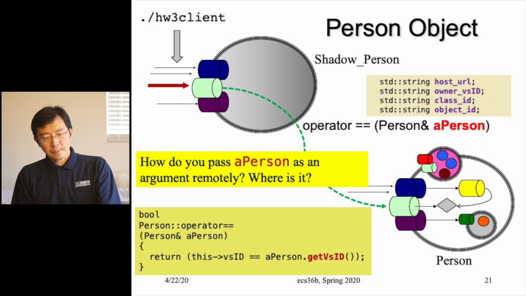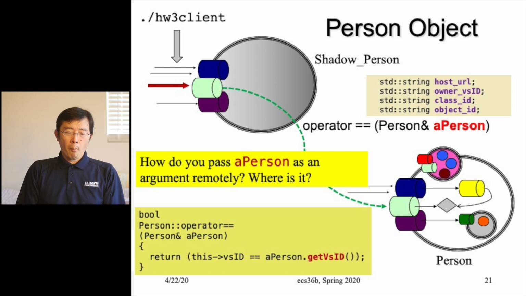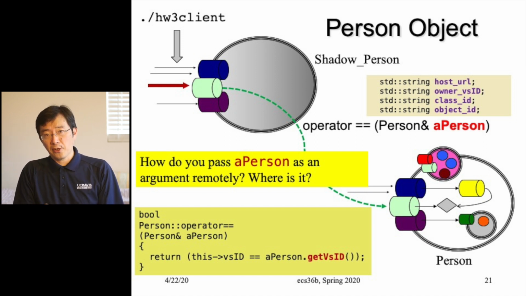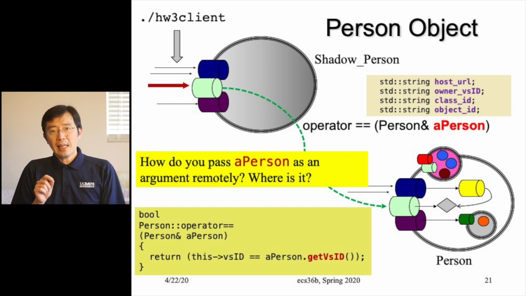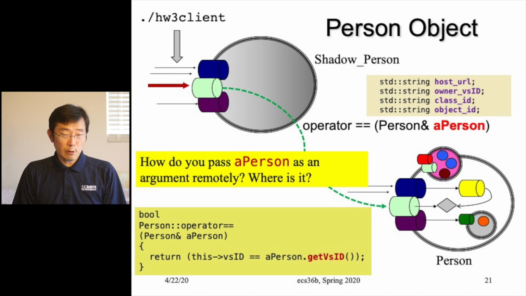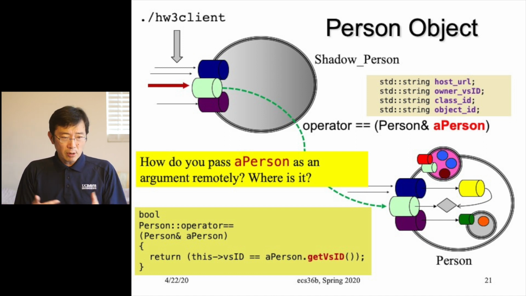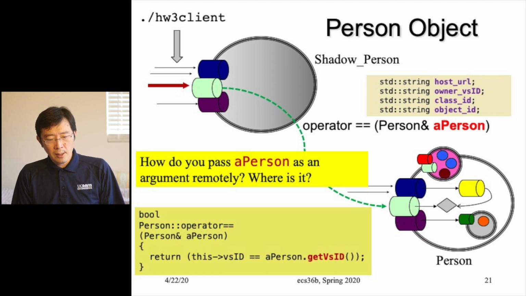However, if you look at the code, the next thing I need in the equal is to look for a person's get VSID. And that get VSID is a virtual function as well. Why? Because if a person is also locally on the same host with this particular object, when you do the comparison, you can directly call get VSID on a person.